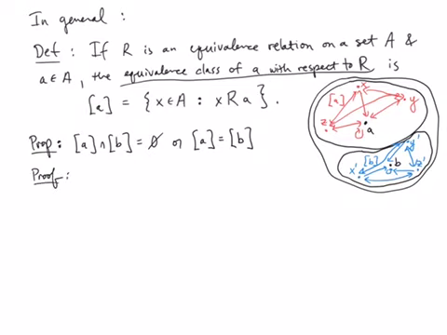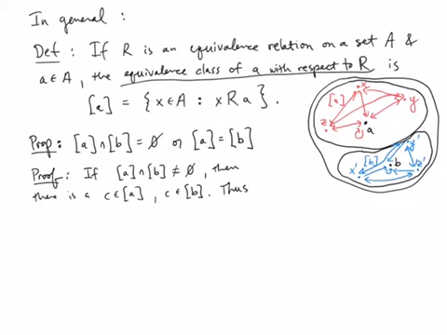The proof is that if we take the equivalence class of a and the equivalence class of b, you'll notice this is going to be exactly the same proof that we did before. Just we're not going to be using mod n anymore. We're just going to be using the relation R. So if the intersection is not empty, then there's a c in the intersection, so that's in both of them. So there's a c that's in the class of a and also in the class of b.